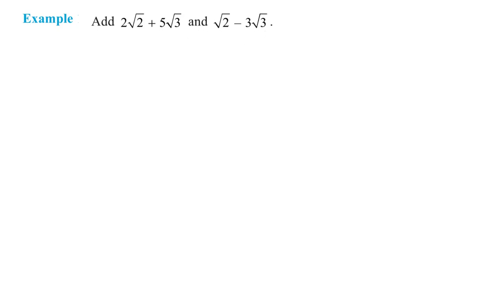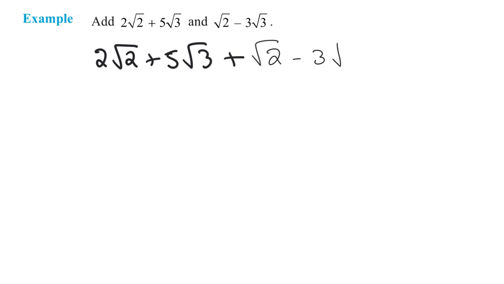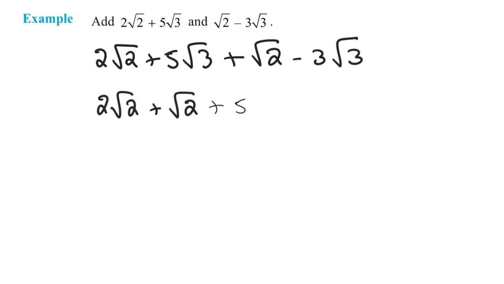So let's first write this down as a mathematical problem: 2 root 2 plus 5 root 3 plus root 2 minus 3 root 3. Okay, let's put the same radical signs together. So let's rewrite them again: 2 root 2 plus root 2 plus 5 root 3 minus 3 root 3. We have just rearranged them, nothing great.